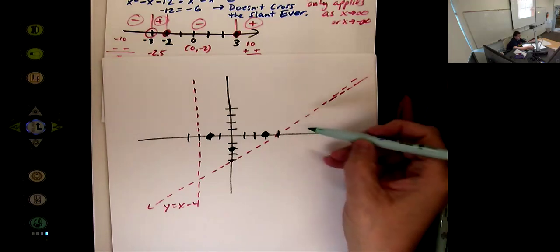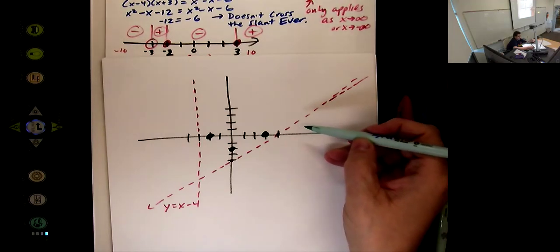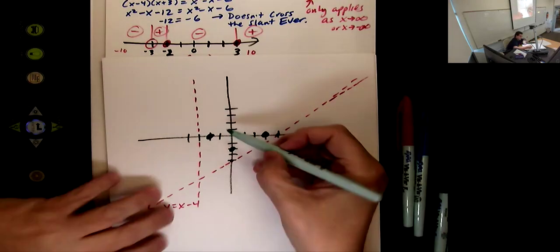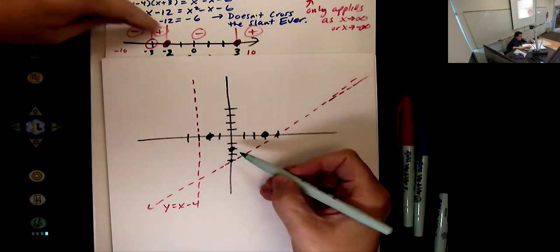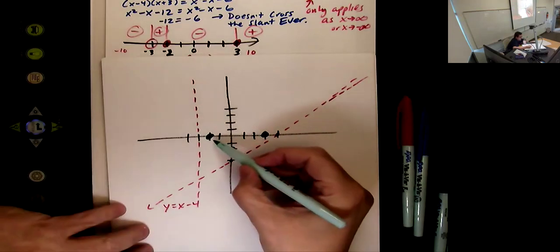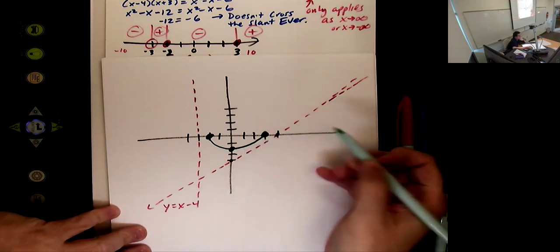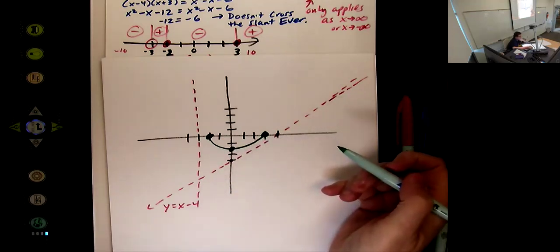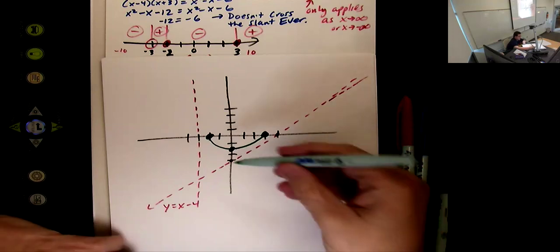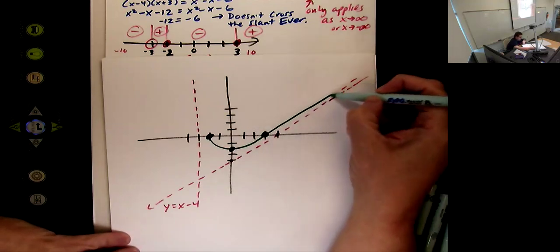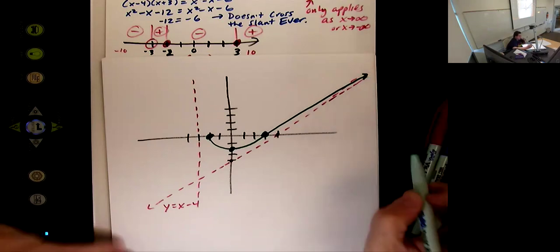We know it never crosses the slant asymptote because we checked it. So between -2 and 3, it's negative. That follows pretty clearly to this. From 3 onward, it's positive and it starts following the slant asymptote as it goes away.